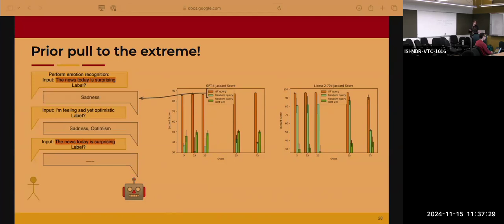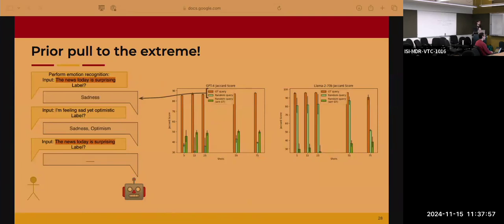That's not the case for the smaller and less capable Llama 2 70 billion, where you can see the blue bars are much higher, much closer to the ground truth. It does show some pull of the priors for that model too, but it's not as large as it is for the larger and more capable model. It's very interesting to see that for the green bars, for GPT-4, the model's predictions are actually closer to the ground truth than they are to the random labels, even though the random labels are presented to it.